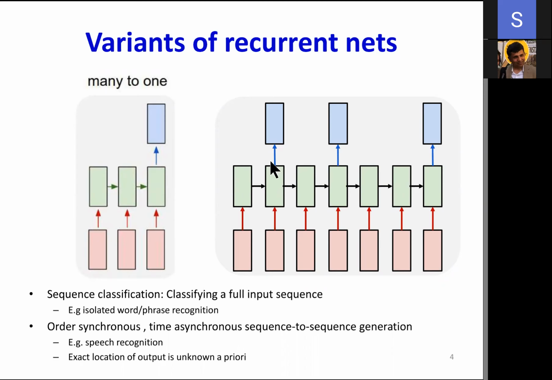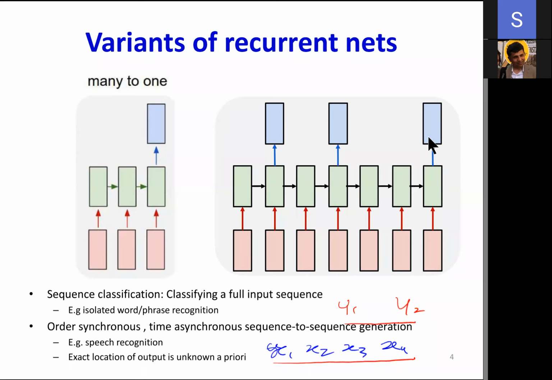Then this second figure, this is more interesting, and this is particularly challenging. So here you have a sequence of inputs and you have a sequence of outputs, and there's an order correspondence between the inputs and the outputs. What I mean by order correspondence is that if you have inputs x1, x2, x3, x4, and then you have the outputs y1, y2, then you can sort of assign an order, meaning if you change the order of the inputs, this order would change.